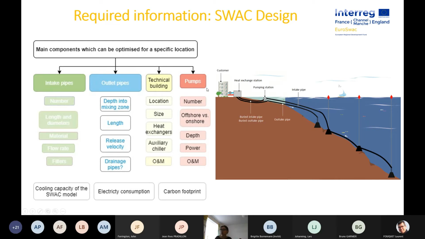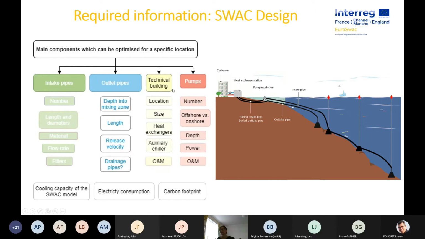And each of those 4 components has its own elements to optimize. So with the intake pipes, it's the numbers, length and diameters, materials it's made of, flow rate, filters. With outlet pipes, it's depth, intermixing zone, length, release velocity, drainage pipes, which, if they are existing, maybe can be used again.